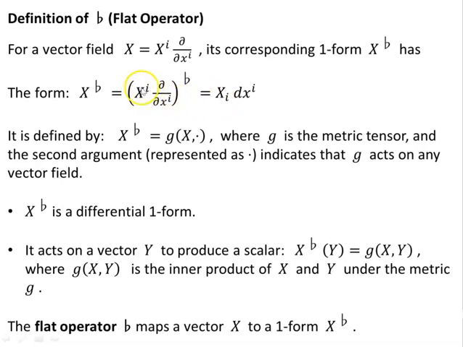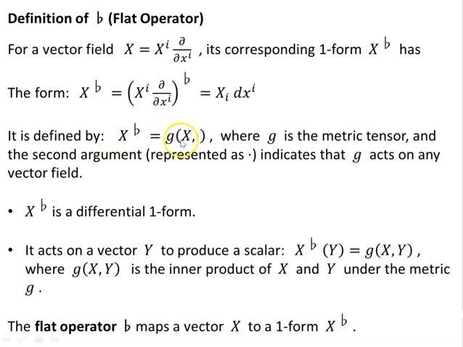Notice the components here: x upper index becomes x lower index, all right? And these basis vectors become basis one forms. It is defined by X^♭ = g(X, ·), where g is a metric tensor, and the dot indicates that g acts on any vector field.